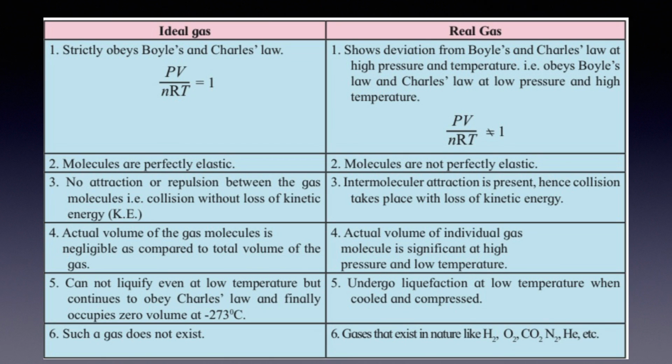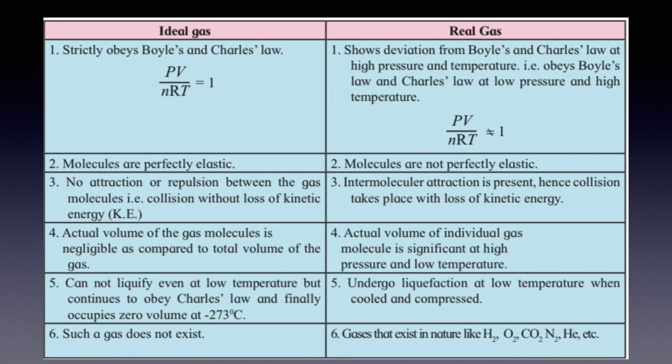So PV upon nRT is not equal to 1, that means it can be less or greater than 1. Next point, the molecules are perfectly elastic, but in case of real gases they are not perfectly elastic.